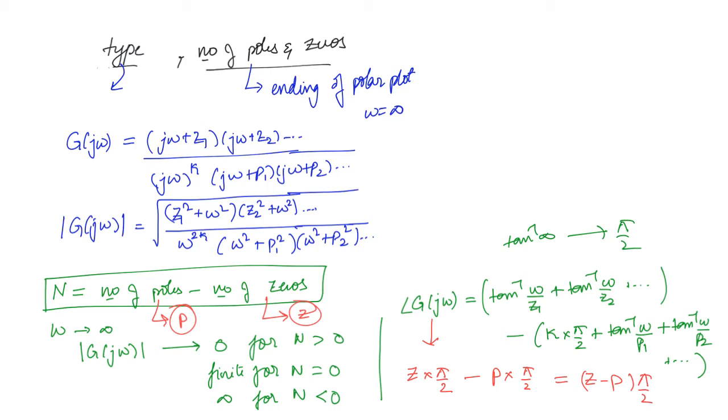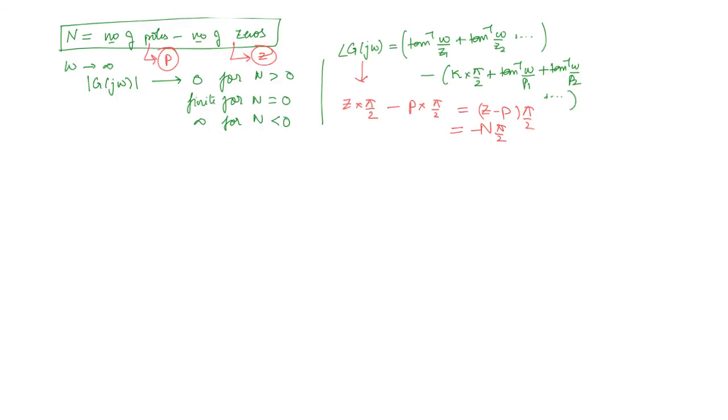What is the number of zeros minus the number of poles? It is minus capital N. So this will be equal to minus N pi by 2. So for the case of n greater than 0, that means the number of poles is greater than the number of zeros, the plot is approaching 0, and the angle of the plot is minus N pi by 2. That means it is approaching the origin at an angle of minus N pi by 2.